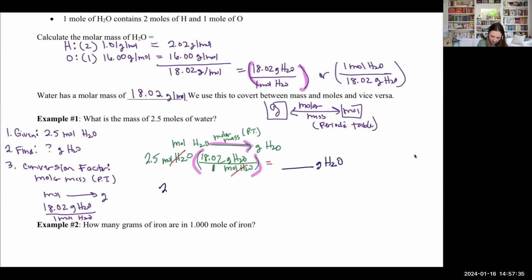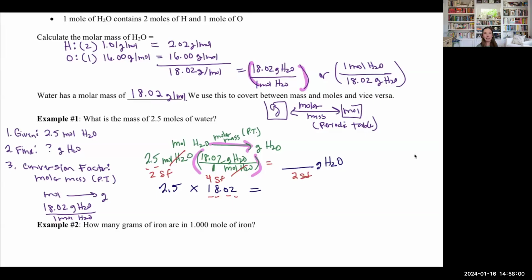So on the calculator, 2.5 times 18.02, enter. And I can see I have 2 sig figs. From the periodic table, I have 4 significant figures in the number 18.02. So which is a smaller number, 2 or 4? 2. So my final answer, I want 2 sig figs.